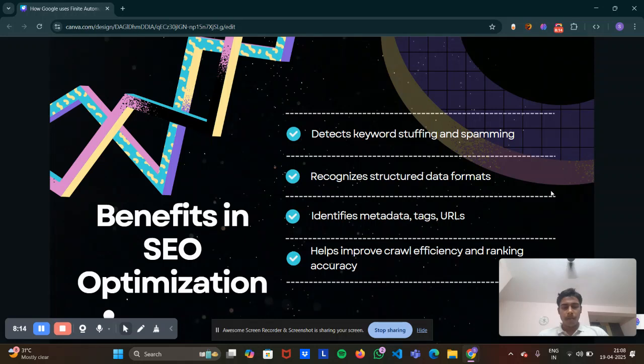It can also identify structured data and metadata which follow regular patterns. Finite automata is also used in validating sitemaps, URL formats, and even detecting spammy content. These processes not only help Google index content better, but also ensure users get high quality, relevant search results.